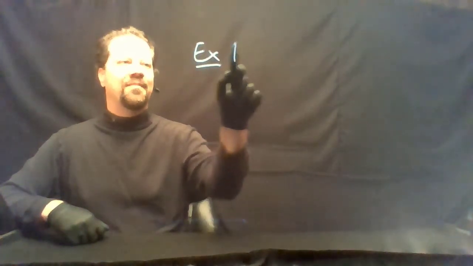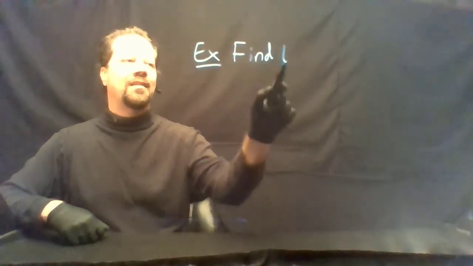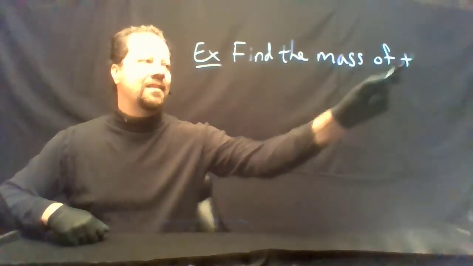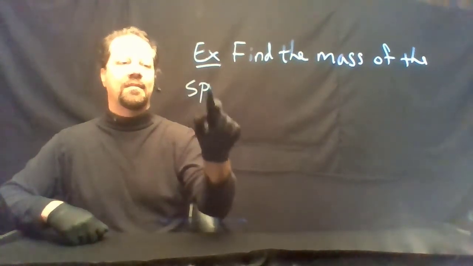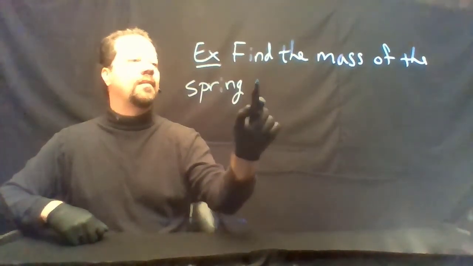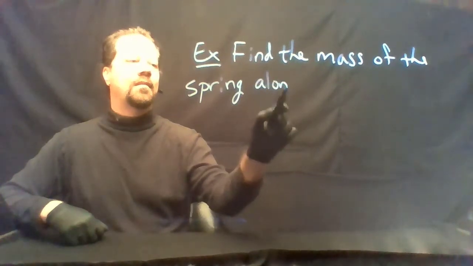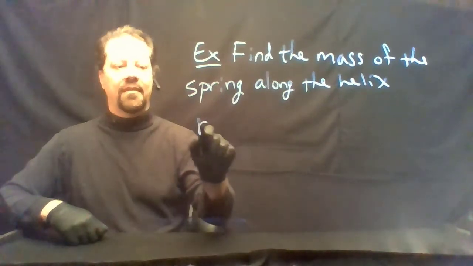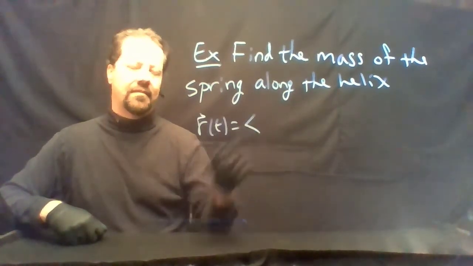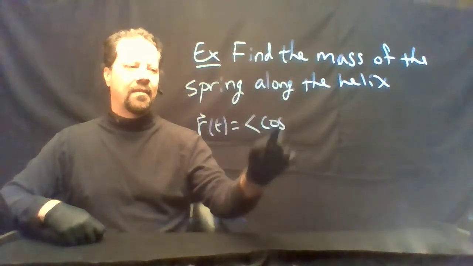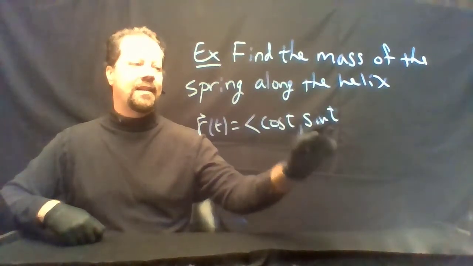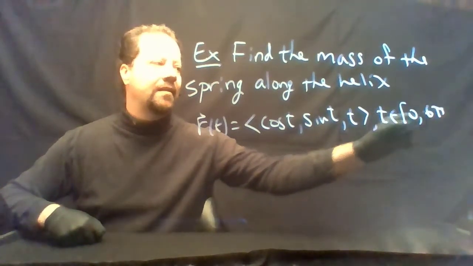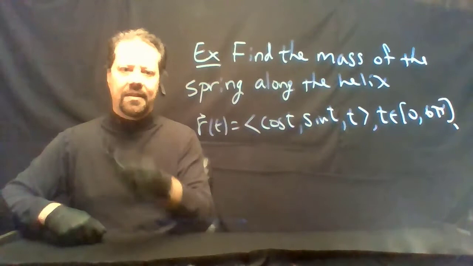Here's an example. Find the mass of the spring along the helix cosine t, sine t, t. We'll have t go between 0 and 6 pi. So we have 3 turns on the helix.